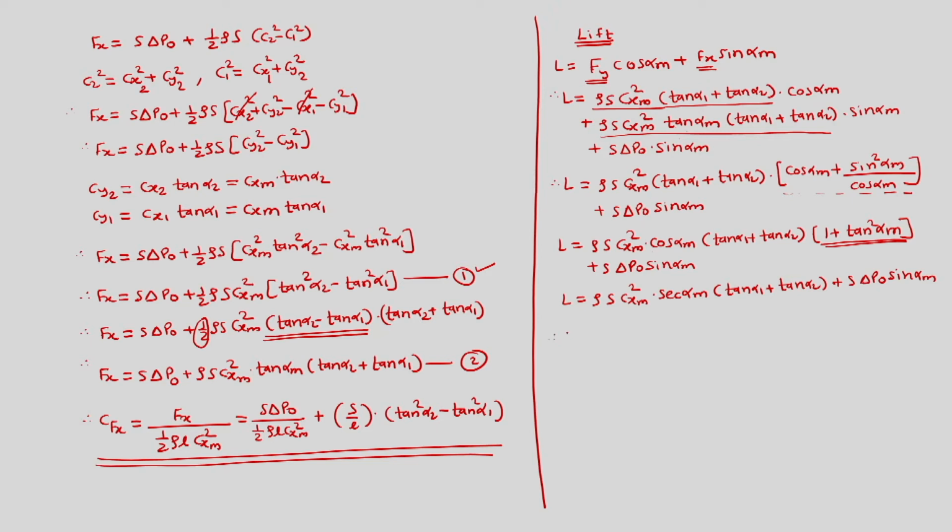Okay. So, we can write down CL, which is the lift coefficient, as L over half rho L Cxm square, and then we will get 2 into rho into S by L into sec alpha m into tan alpha 1 plus tan alpha 2, plus S delta p naught over half rho L Cxm square into sin of alpha m.